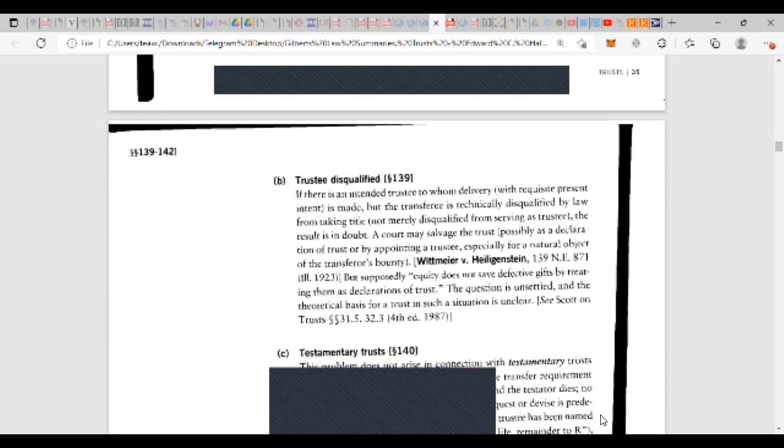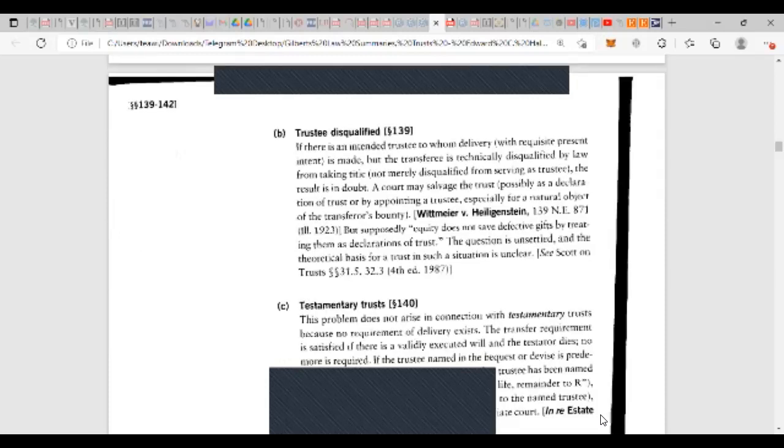B, trustee disqualified. If there is an intended trustee to whom delivery with requisite present intent is made, but the transferee is technically disqualified by law from taking title, not merely disqualified from serving as trustee, the result is in doubt. A court may salvage the trust, possibly as a declaration of trust or by appointing a trustee, especially for a natural object of the transferor's bounty.